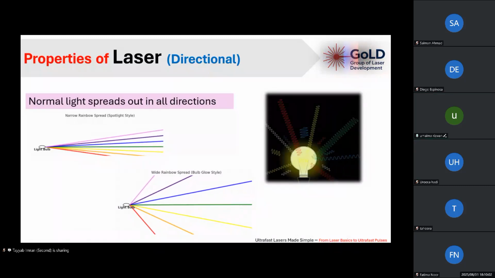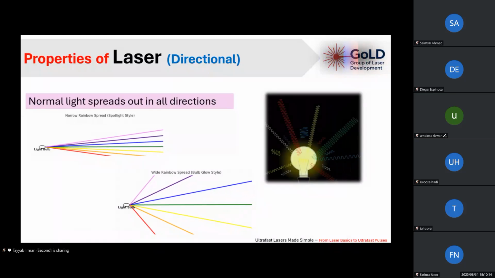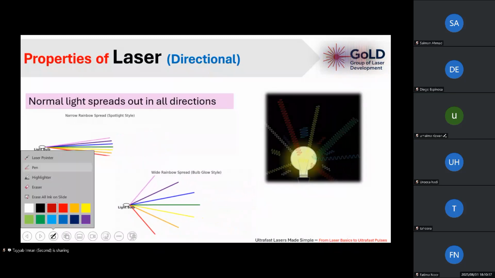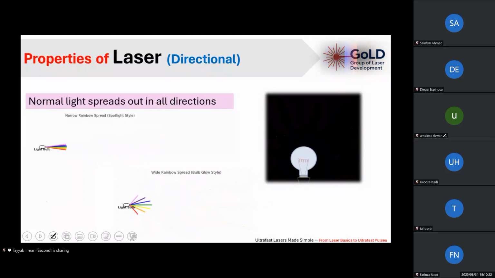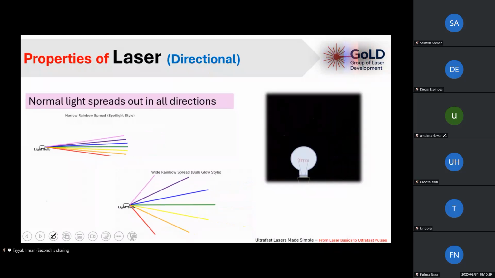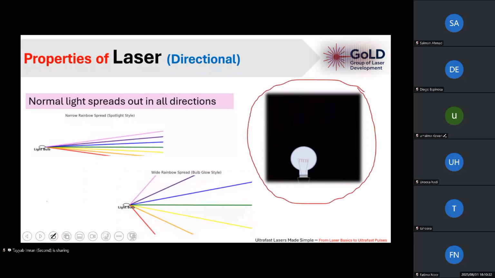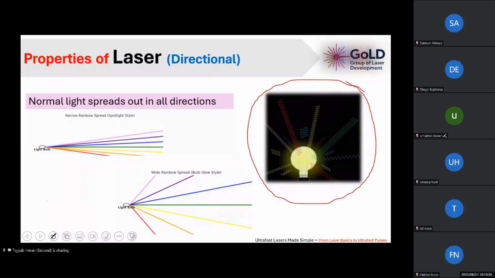So the next property is directional. It has to be monochromatic, it has to be coherent, and it has to be directional. What is the meaning of directional? If you see a light bulb or white light in general, the light is spreading in all the directions.